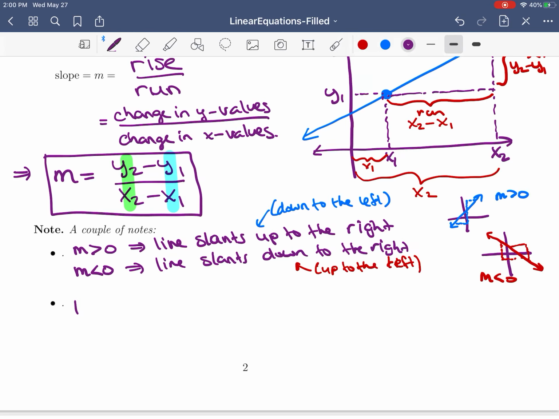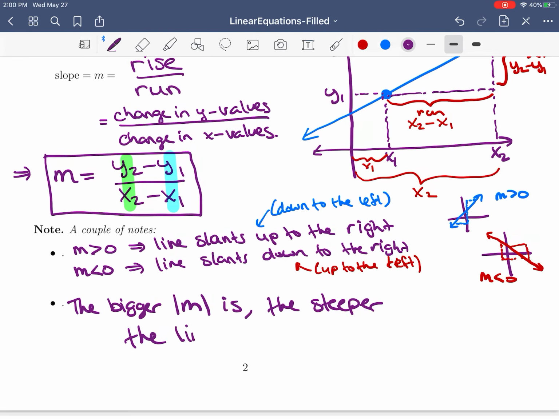Now also, the bigger that the absolute value of m is, so the m in magnitude, the steeper your line will be. So let me just draw an example.